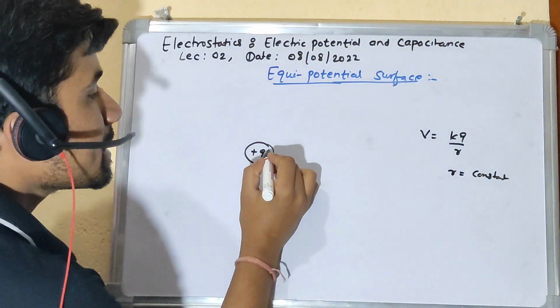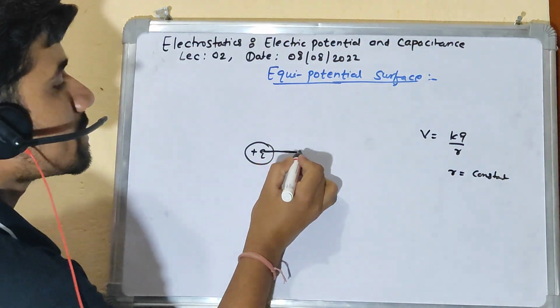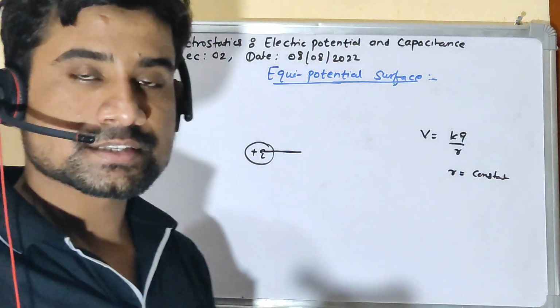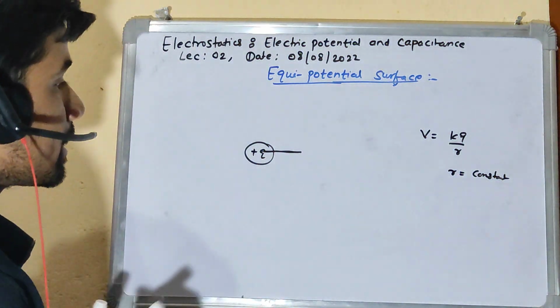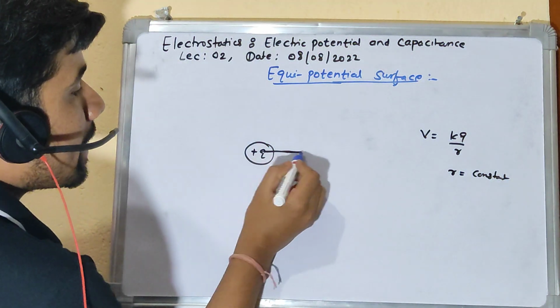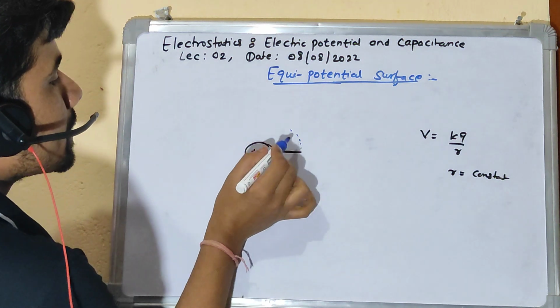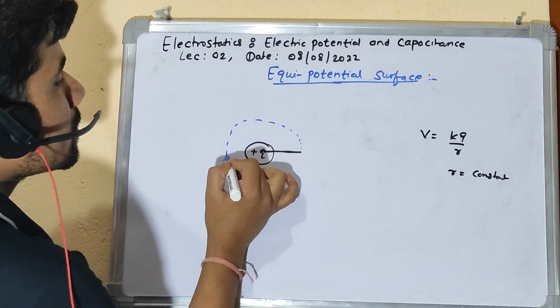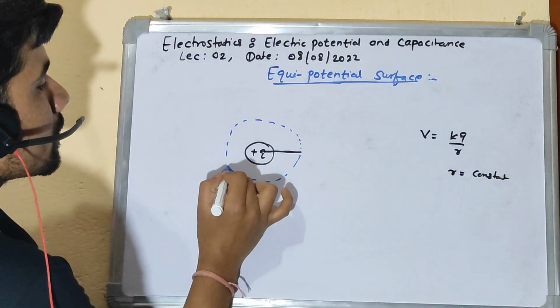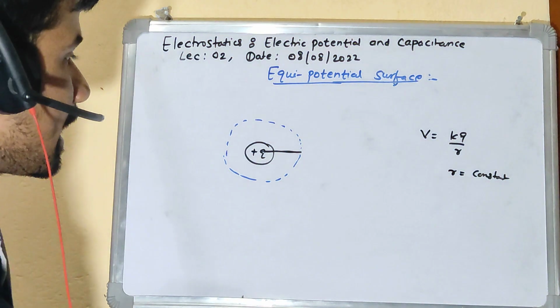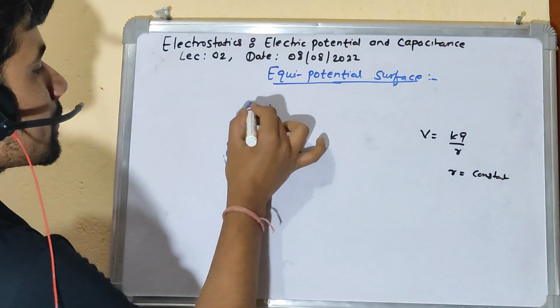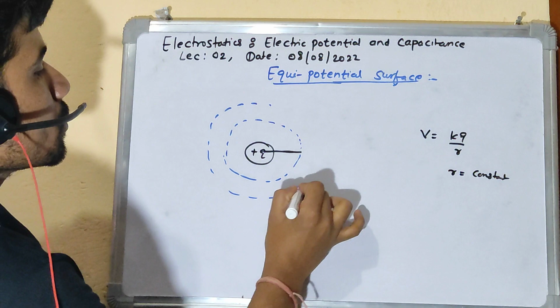So at a constant radius r, if I take all the constant r points and draw a particular surface, the surface will look like a circle. And again, this r can be some different value as well.